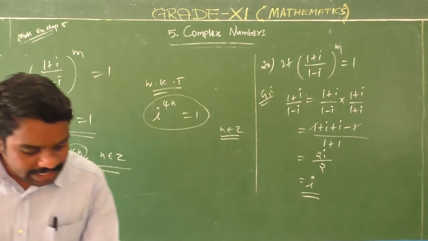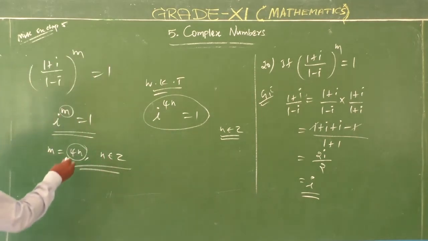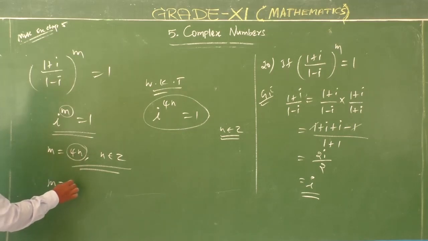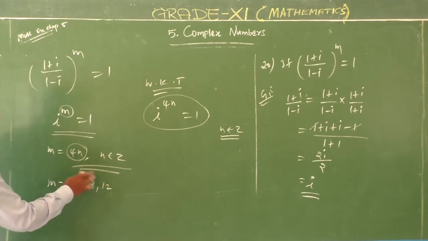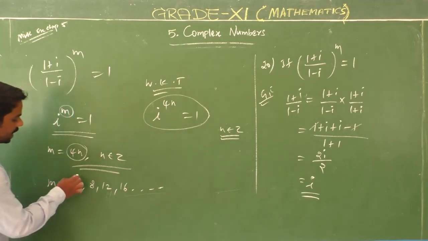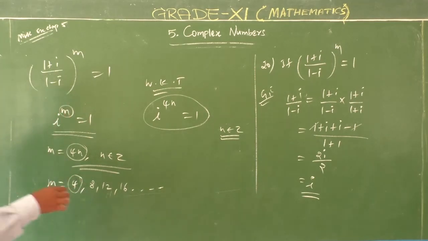Here we need to find the least integral value. For multiples of 4, m is equal to 4 into n, with n equal to 1: 4, 8, 12, and so on. Here the least integral value is 4.